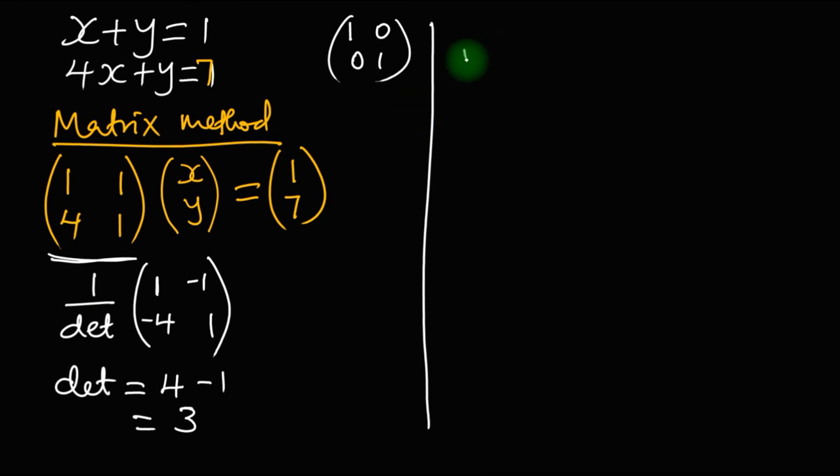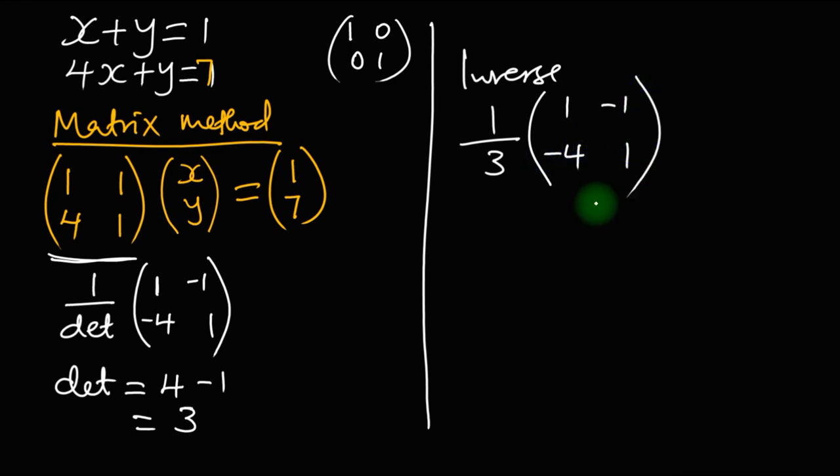So finally we can get the inverse. So the inverse will be what? The inverse will be 1 over the determinant, which is 3, multiplied by the matrix form. So this is what we are going to pre-multiply to both sides of this matrix.